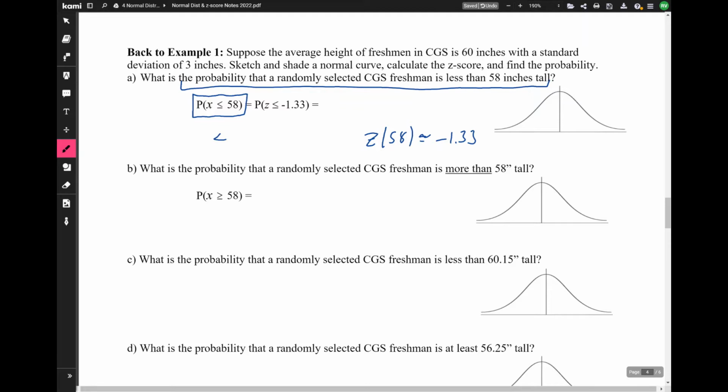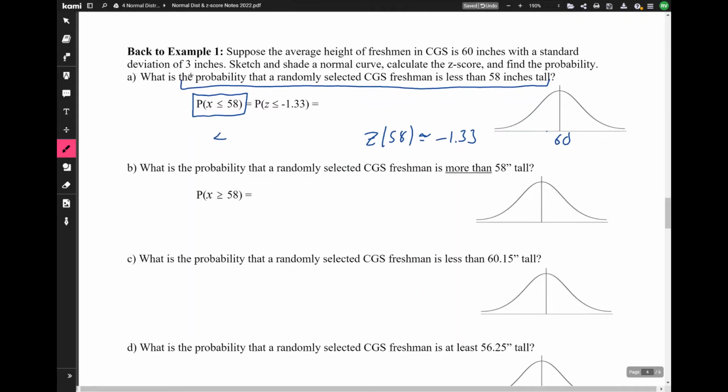So on our standard normal, our mean is 60, so 58 is almost a full standard deviation less than, so maybe around here. That's where 58 is, not quite a full standard deviation less. And we're asking, what is this probability to the left of that? In other words, what is the area of that red part?